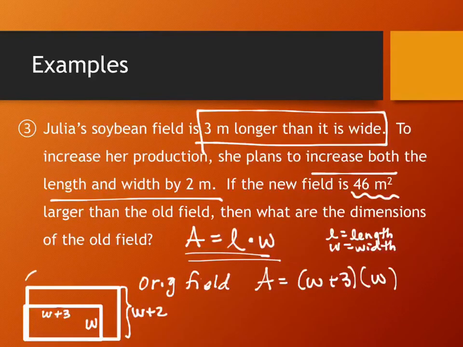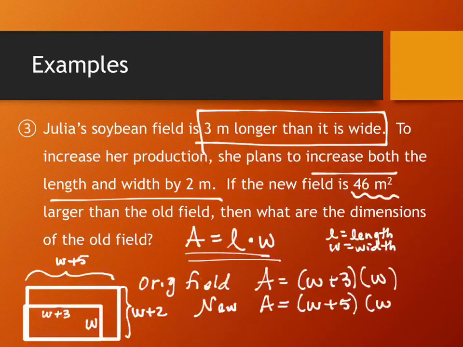And the new length is not W plus 3, it's W plus 5, right? Because it's 2 meters different in each direction, adding 2 to each of them. This is my new field. My new field would be W plus 5 on the length and W plus 2 on the width.